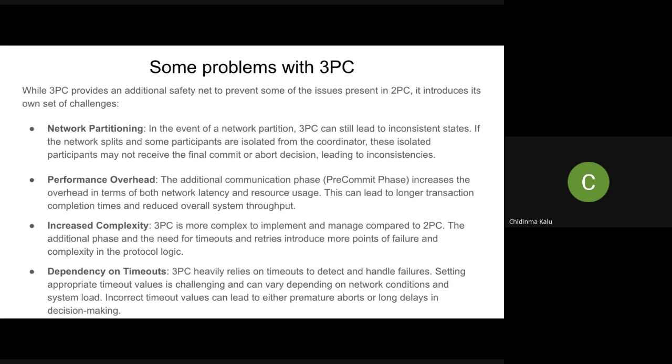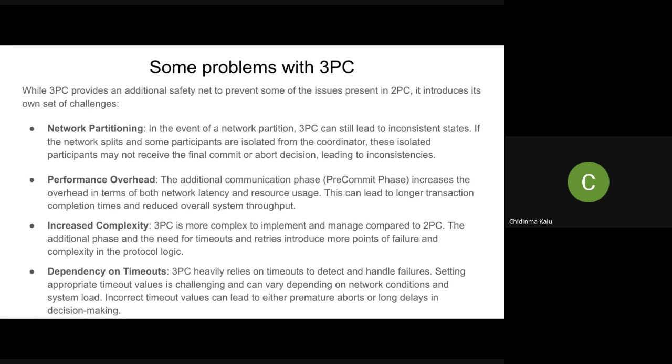Yeah, so 3PC comes with its own issues. Network partitioning, as we've talked about, that's a different issue. Performance overhead, where it increases the overhead because of all the messaging back and forth, right? It can lead to longer transaction completion times.